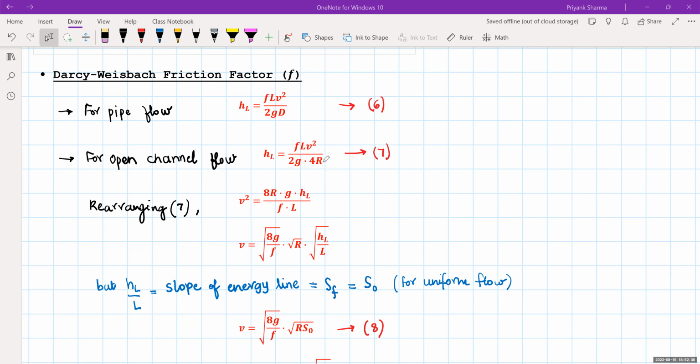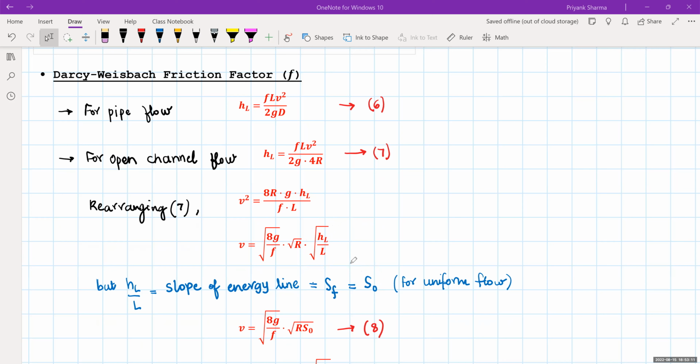So rearranging equation number 7 and making V square the subject, you get V is equal to under root 8G by F into under root R into under root HL by L. Now the head lost in unit length is nothing but the slope of the energy line, and that is equal to the bed slope, because for uniform flow condition all the three slopes are equal, so this term becomes S naught.